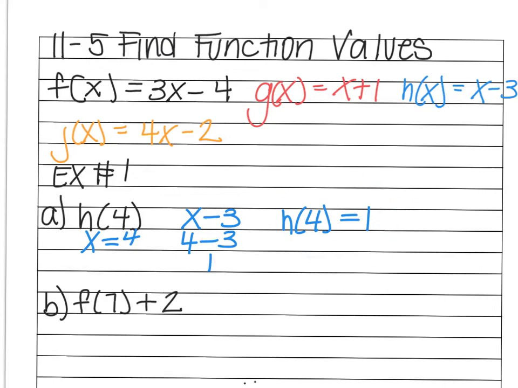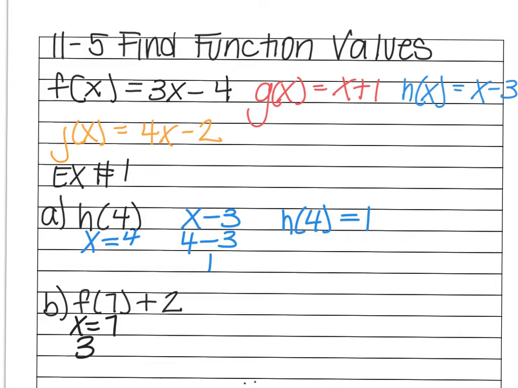Let's look at b. b is f of 7 plus 2. So let's just look at the f of 7. We are obviously going to look at the f of x equation because it has an f. Since there's a 7 here, that means that we are going to have x equaling 7, and we are going to plug that in.